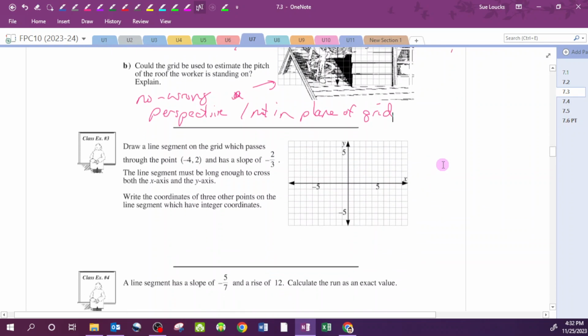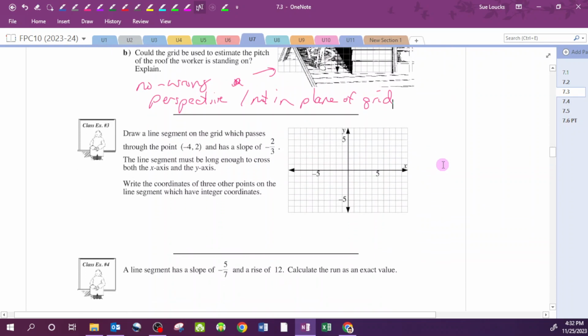Draw a segment on this grid which passes through the point -4, 2. So let's find the point -4, 2. We start at 0, 1, 2, 3, 4, and up to -4, 2. There's our point. And then we're going to use a slope of -2 over 3. It's really important to remember that -2 over 3 equals 2 over -3, where this is the rise and this is the run.